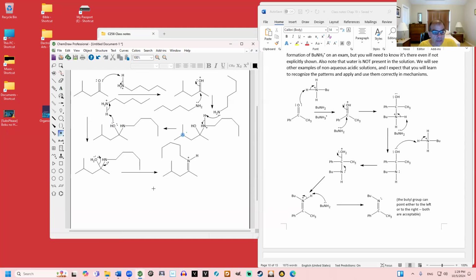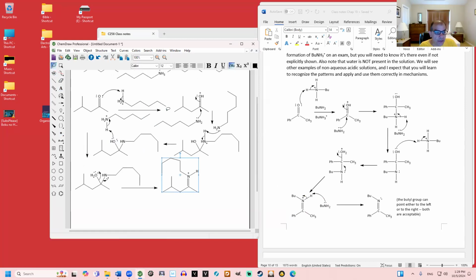And so you get this intermediate. And now all we need to do, just like happened over here, to get rid of the plus charge on nitrogen, we just need to deprotonate it. We will use a molecule of the amine that we're given in order to do that.